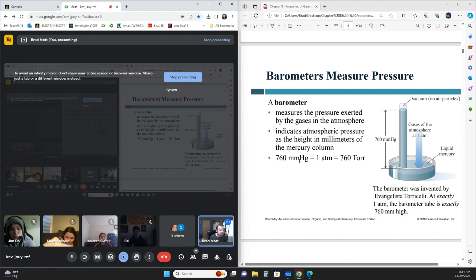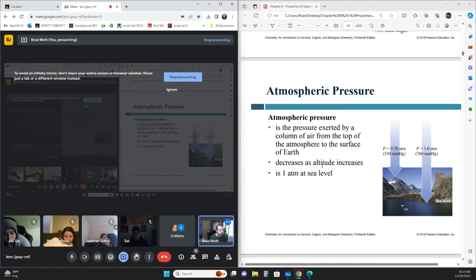So each millimeter of mercury is equivalent to 1 torr. Millimeters of mercury and torr are interchangeable, and 1 atmosphere is 760 of either.